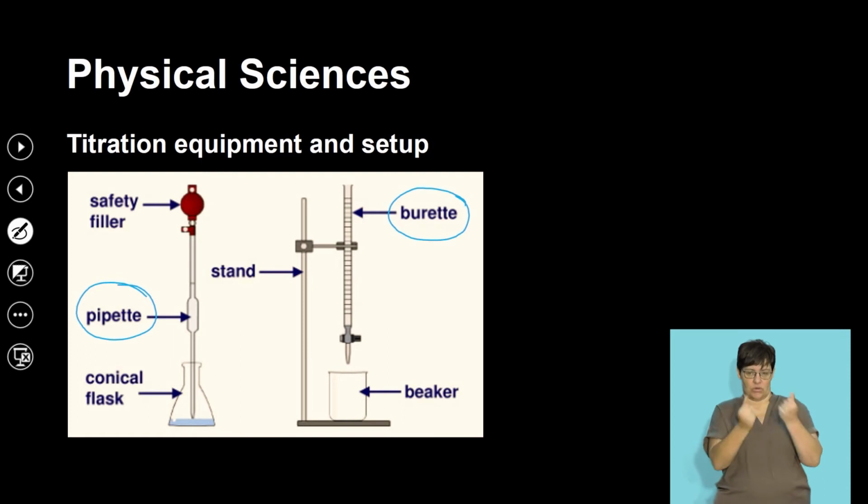And when a titration takes place, we know the actual volumes of substances. But remember, one of these solutions in this setup is a standard solution. So we'd use that standard solution to determine the unknown concentration of the other substance.